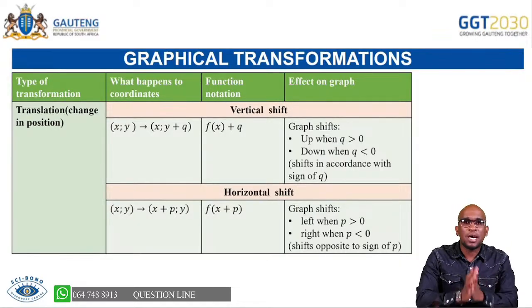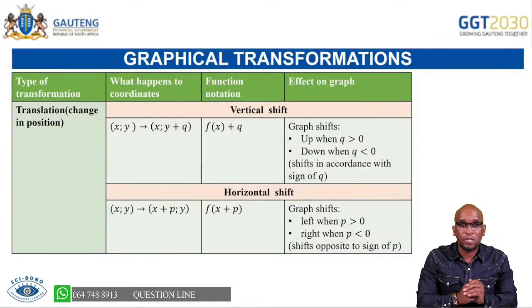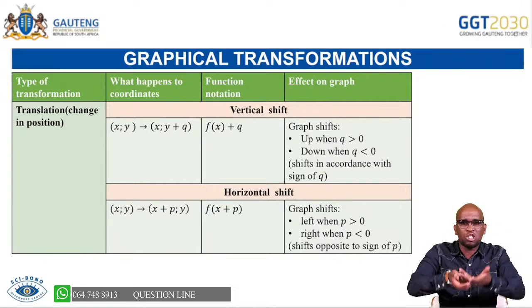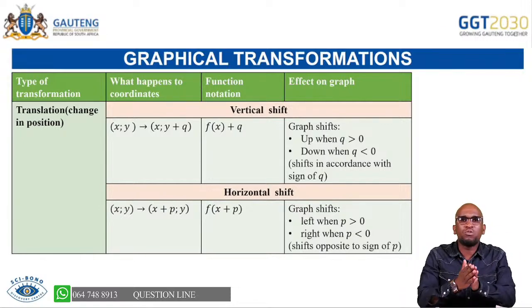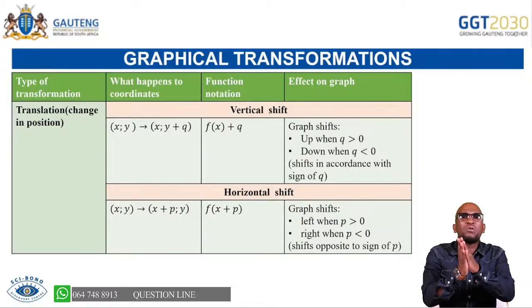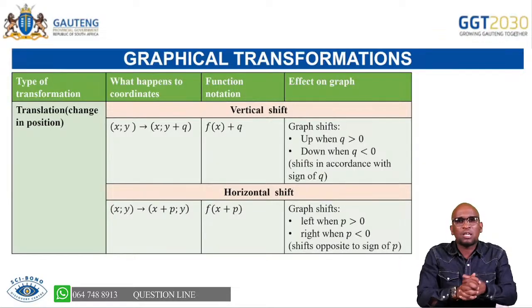Translation is the first type of transformation. And then we'll also look at reflection, which is the change in orientation, where you reflect about the x-axis, or about the line y equals 0, and then we also reflect about the y-axis, that would be the line x equals 0.